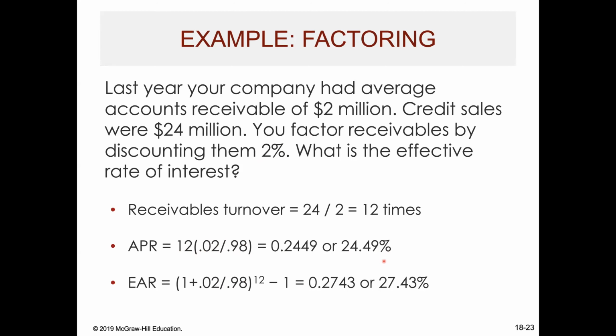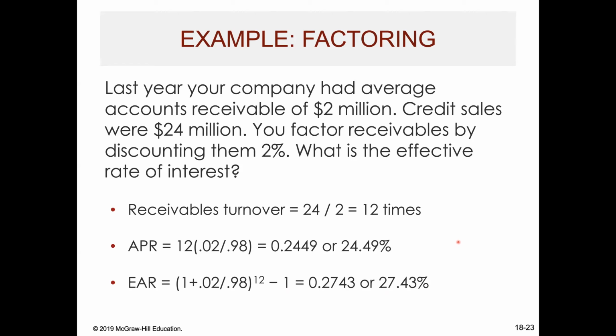However, to get the effective annual rate, we've got to use this formula. We take 1 plus 0.02 divided by 0.98, to the 12th power, minus 1. So what we're really paying is 27.43%, which is significant. So as we get accounts receivable, we sell it to the factor with a 2% discount.